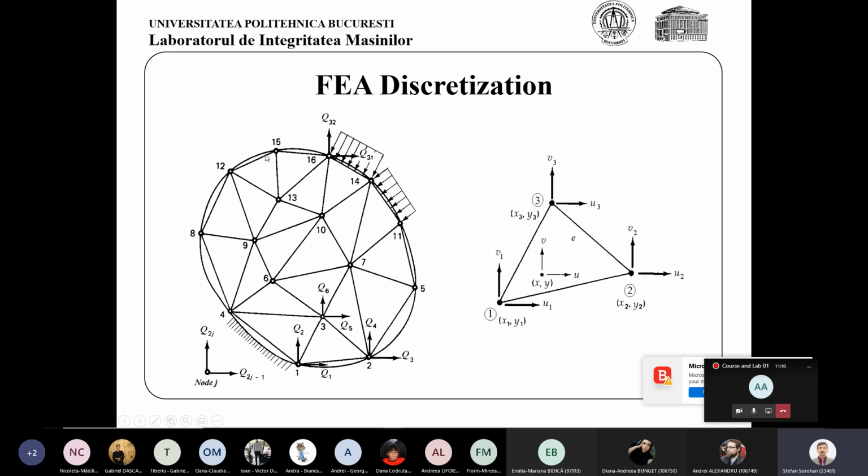And this, let's say, elastic body, it may be from steel, for example, is under study, and we want to see how is the deformed configuration, because as you know from strength of materials, a body is not rigid.